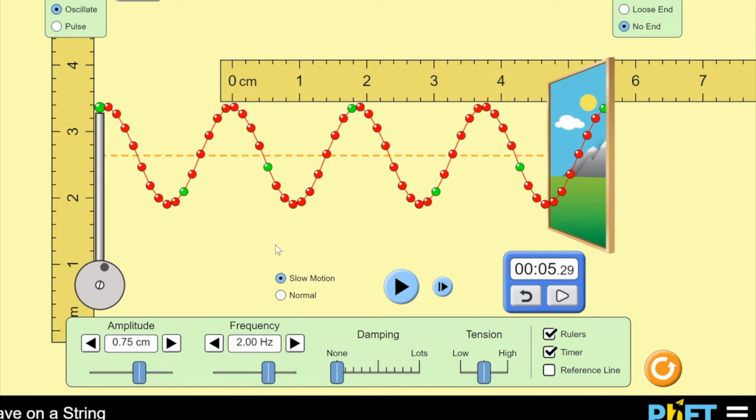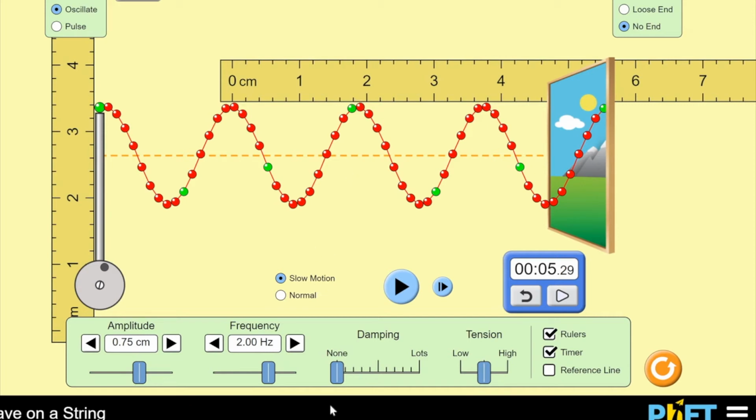The frequency we know is 2, and the wavelength is 1.8.